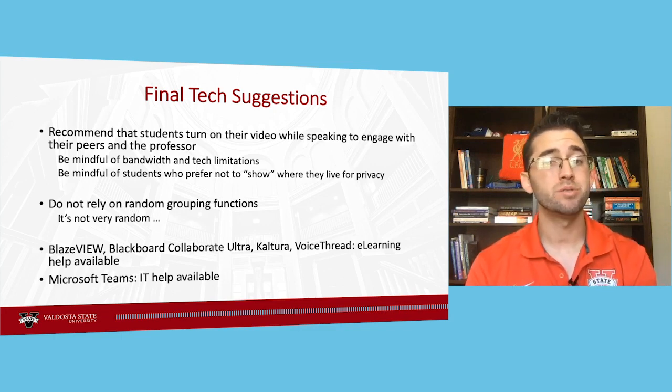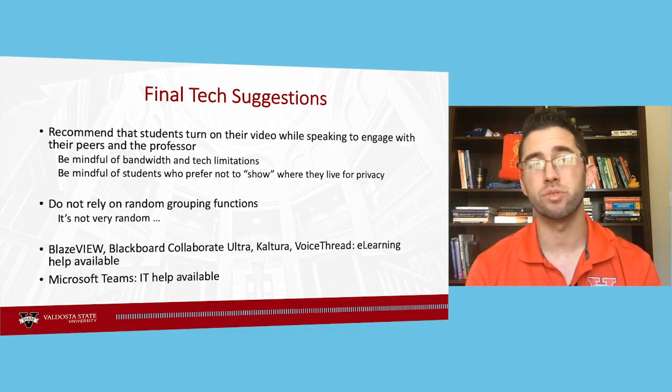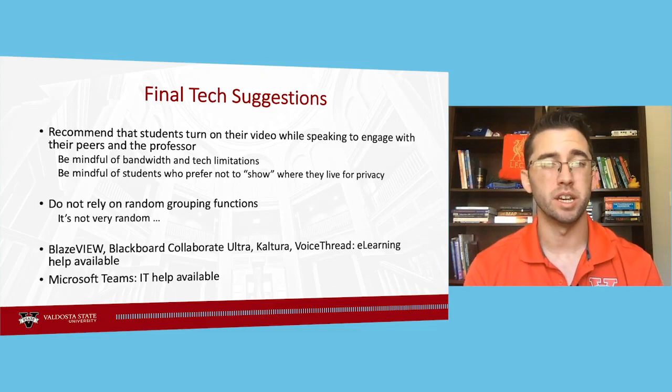There may be some students who also don't want to show where they live for privacy-based reasons. So you may want to speak with your students about this at the outset of the course. Don't rely on random grouping functions inside of any tool. To be honest, it's not that random.